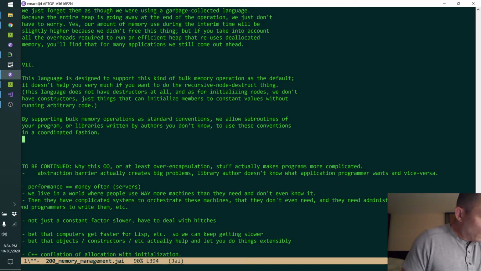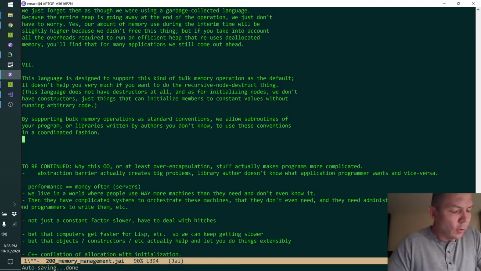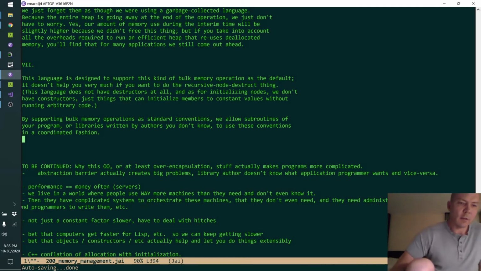What about memory fragmentation? Yeah, okay. So you're imagining, okay, there's sort of a weird mistake in the C and C++ memory model, right?